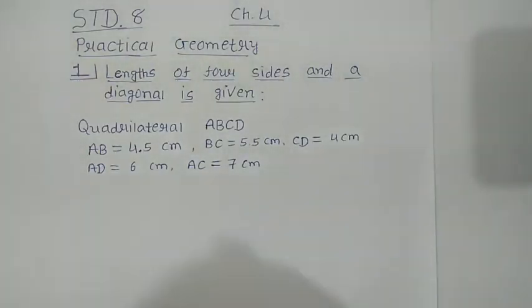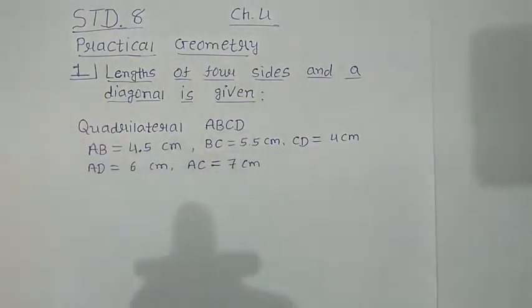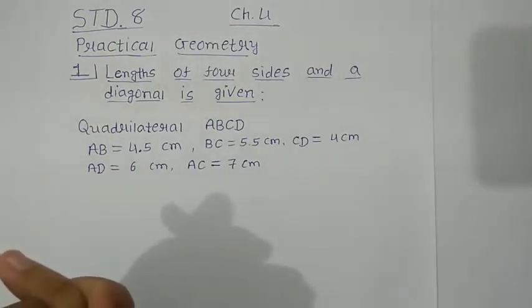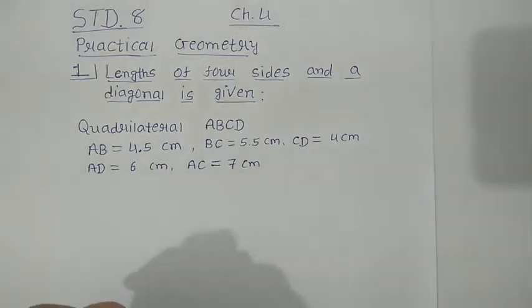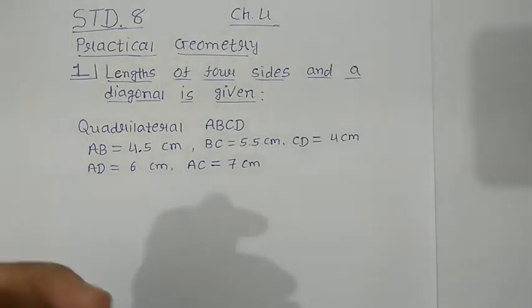So can you think that a minimum of four measurements is enough to draw a quadrilateral or not? Okay, so let us study first of all how many measurements we must require to draw a quadrilateral, right?